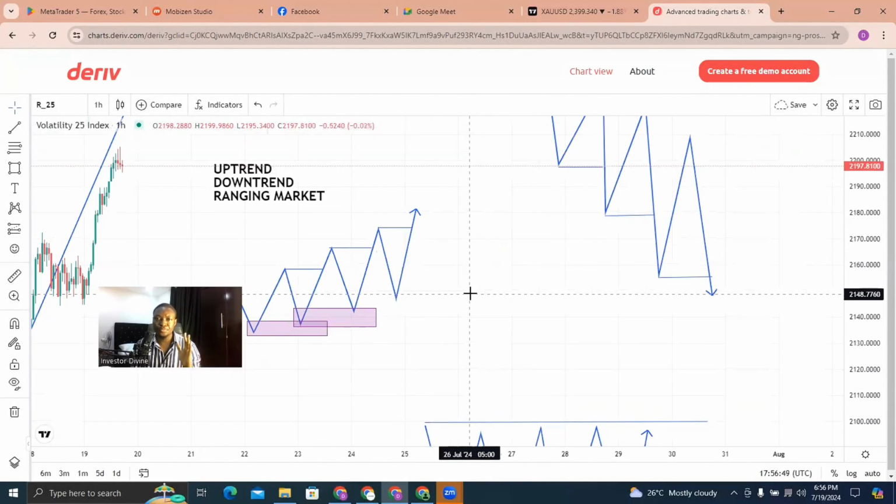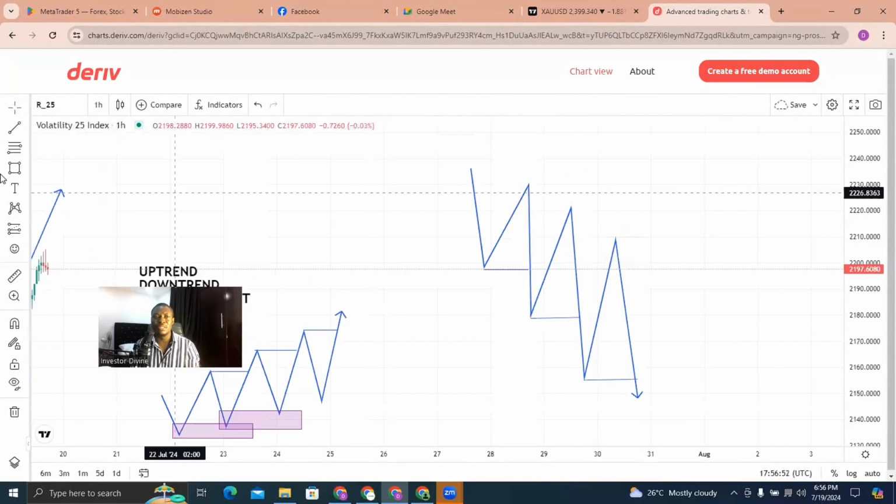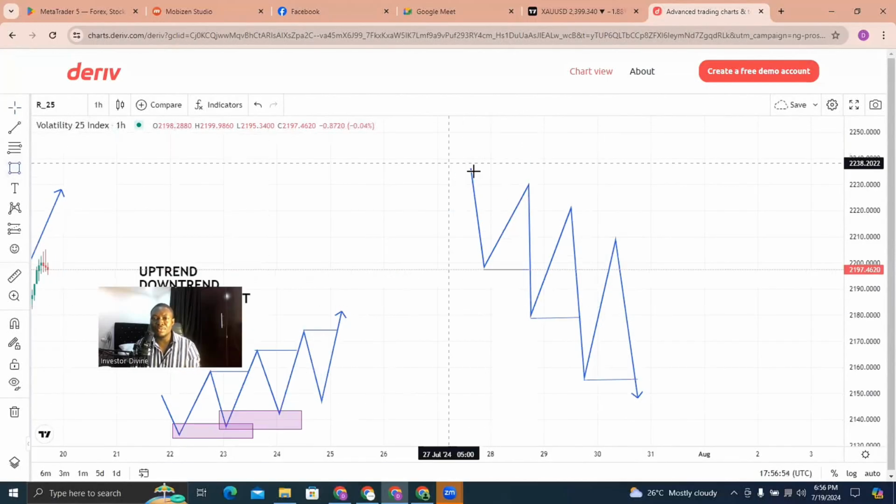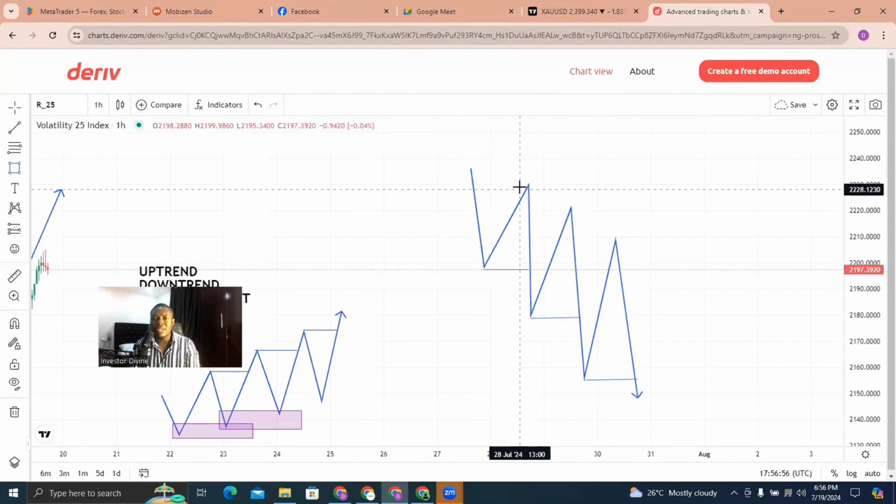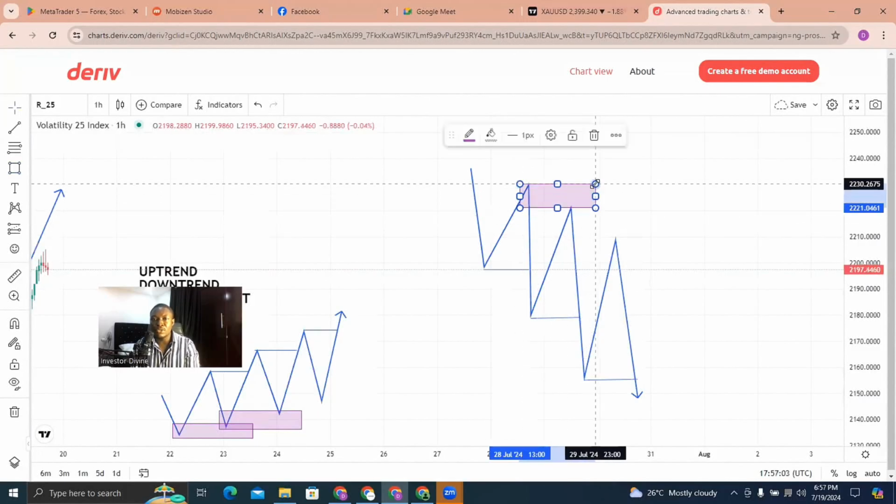Now the supply zone. Supply zone is that zone where market is going to buy to. Market is going to buy into the zone before it continues its sell movement. So as you can see, market broke structure here. It took out this previous lower low and created a new lower low.